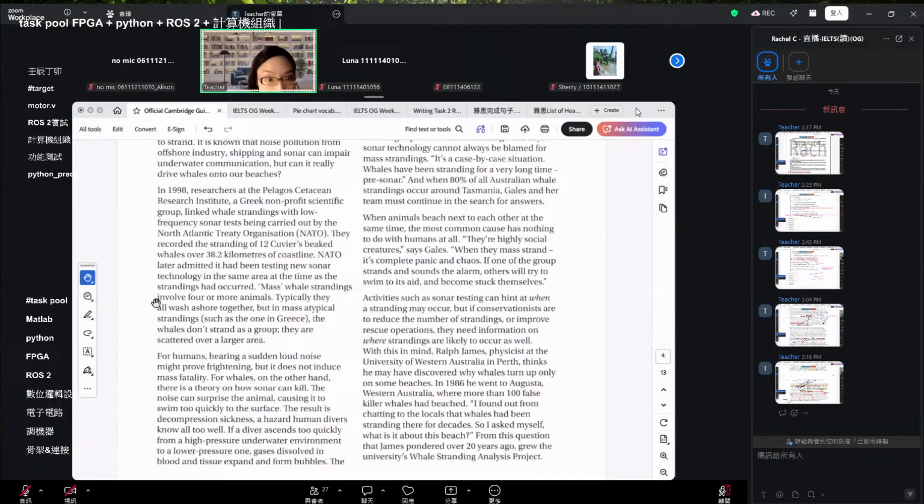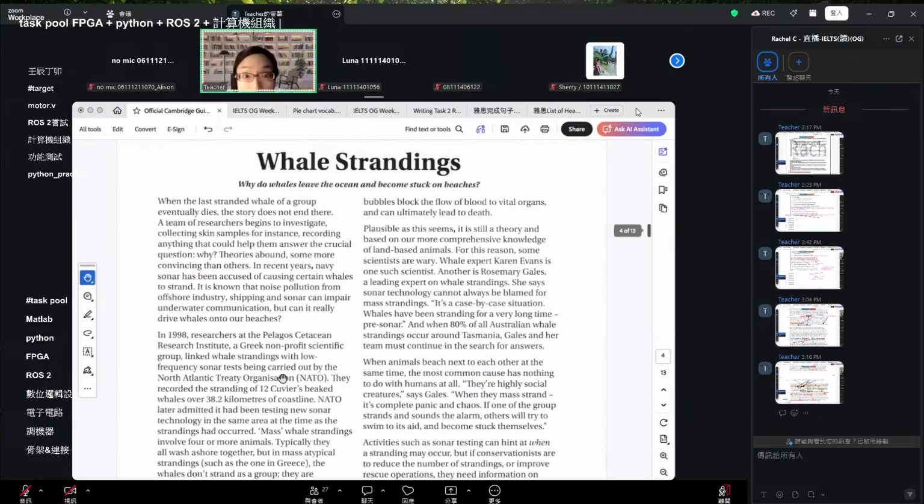NATO admitted there were mass strandings, but nowhere to be found for Australia, so we'll keep looking. Stranding, sonar situations. Oh, here. Australian whale stranding occurred around Tasmania, and then say 80%. So the answer for question 16 is Tasmania.